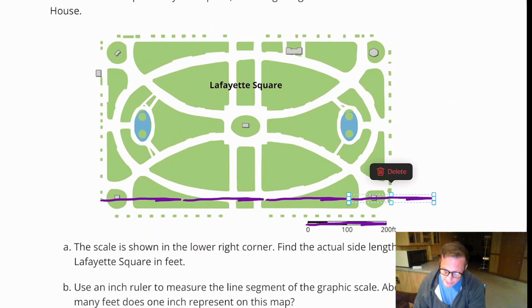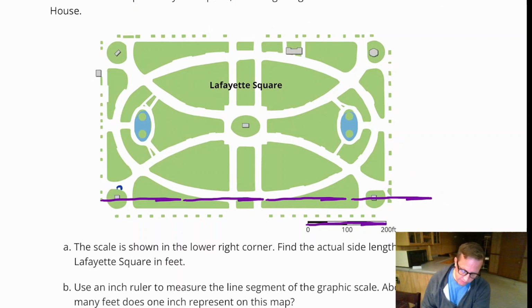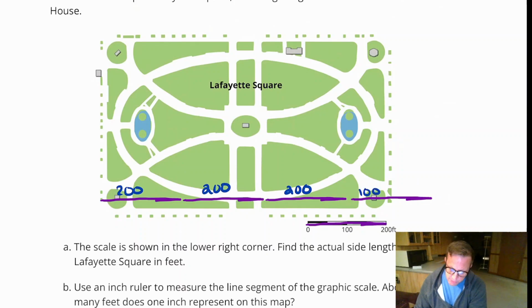And that looks like about half of 200. Okay, and I'm just clearly eyeballing this. That's 200, that's 200, that's 200, and then I would say this is about 100 right there. So you got 200, 400, 600, 700 feet.